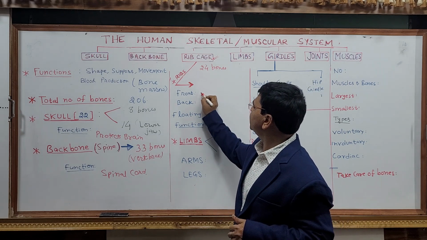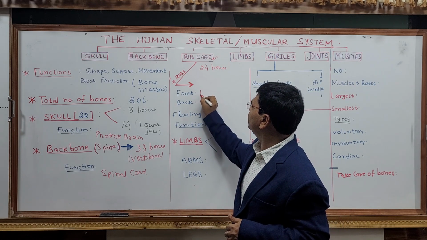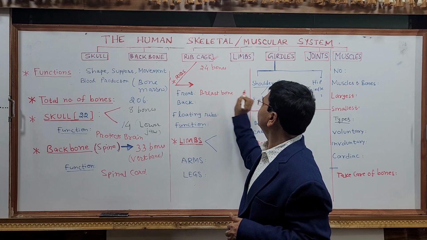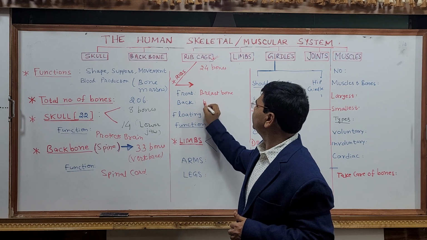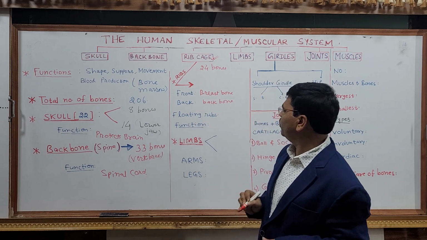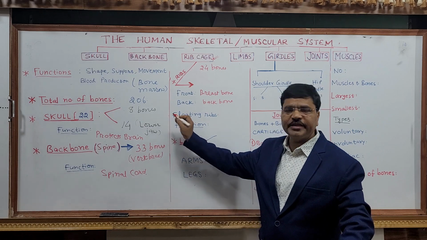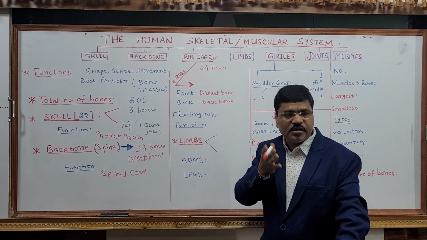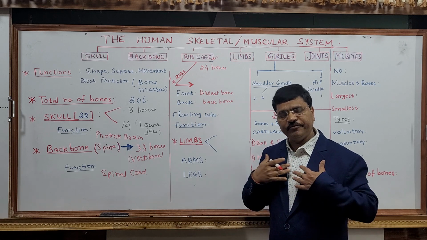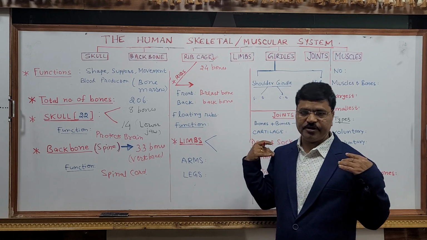So in the front, they are joined with the breastbone, and at back they are joined to the backbone. Okay, as I discussed that the upper 10 pairs of ribs, they are joined in the front part as well as in the back part.